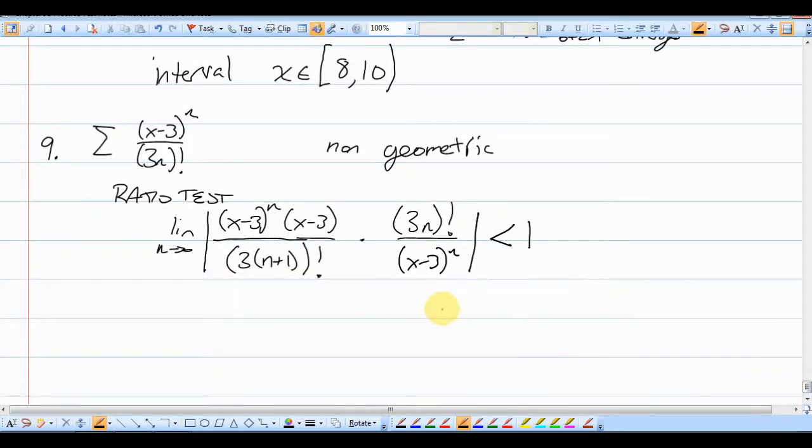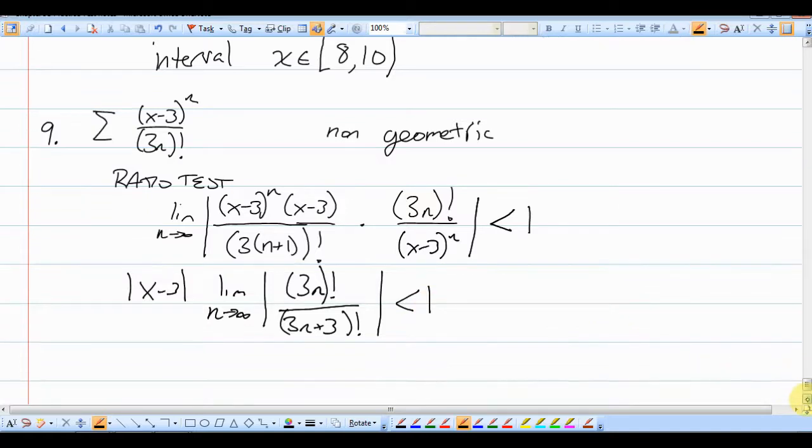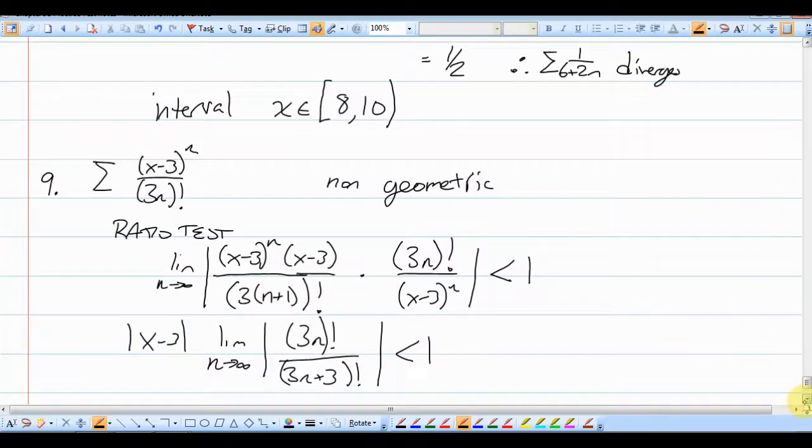We get some canceling. We get x minus 3 there, limit as n goes to infinity. That's 3n factorial over 3n plus 3 factorial. Force that to be less than 1. So annoying.